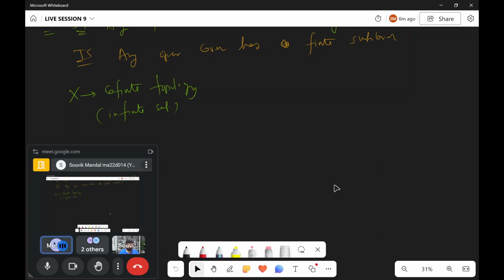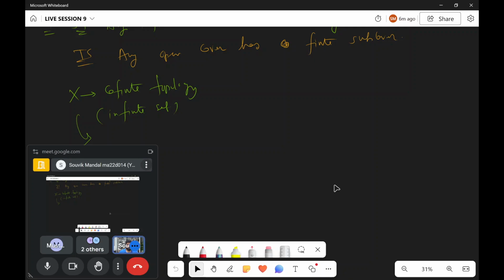So the basic idea is: let X be an infinite set with cofinite topology, and we consider an open cover A of X. Let A0 be an element of A. Since X is infinite, X minus A0 is finite.